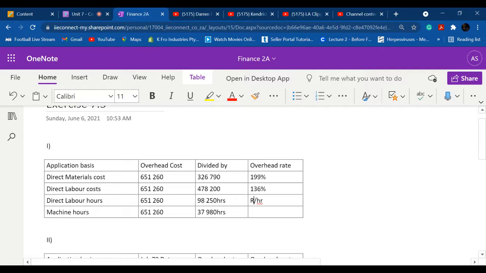So we're saying 651,260 divided by 98,050.